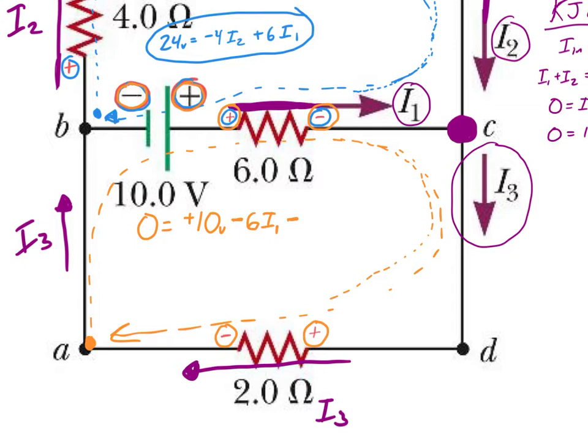Then specifically a drop in voltage of 2 ohms multiplied by I3. And that brings us all the way back to A. All done. Let's rewrite this. I'm going to write it so I have the 10 volts on one side and all the other negative stuff on the other side. That's going to be 10 is equal to positive 6I1 and positive 2I3.